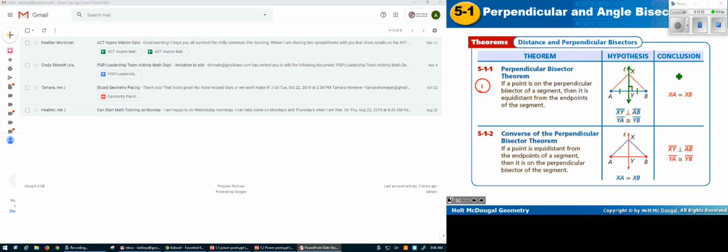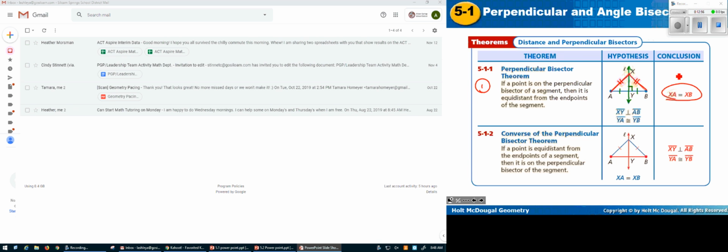It's saying that point is equidistant to the endpoints, and it can be any point on that line. So when you look at our picture here, that would mean that AX and BX would be the same distance, equidistant. Any questions there?